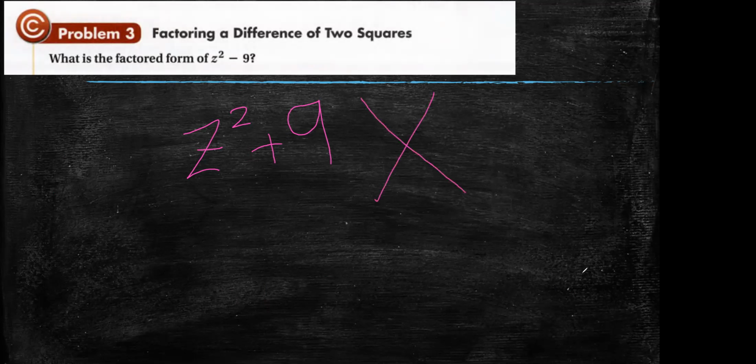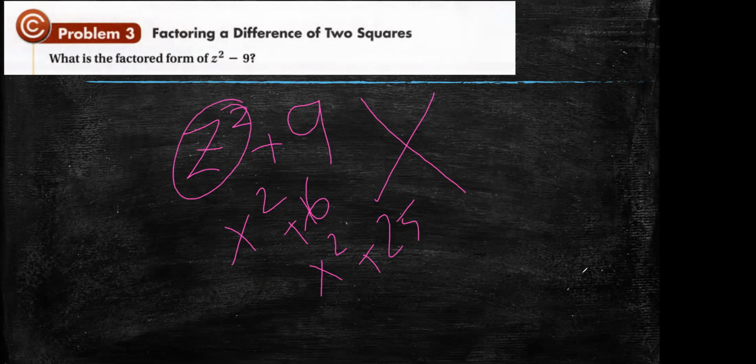No, no. I remember I told you, difference of two squares. Anytime you have z squared plus 9 or x squared plus 16 or x squared plus 25, a perfect square, another perfect square, but with a plus sign between them, it cannot be factorized. I must have a minus sign between them.